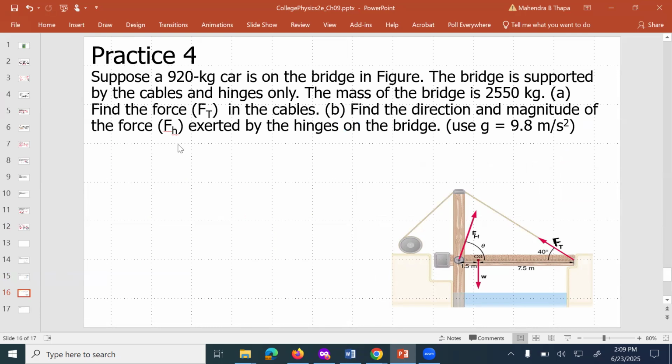is also based on a similar concept, but here there are 3 forces. One is FH, the force exerted by the hinge, right? FT is the force exerted by the cable, that is here, and the weight of the beam.